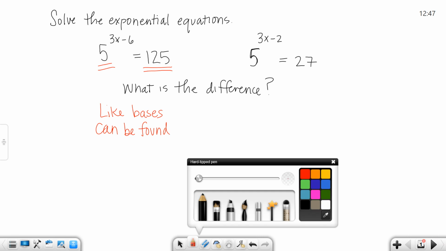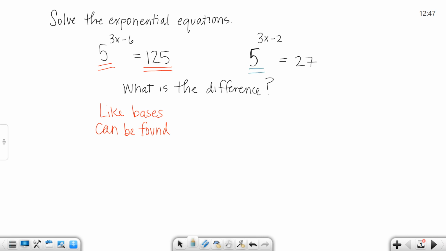With the one on the right, you have a 5 and a 27. Those don't have anything in common. Like bases cannot be found. Now, based upon those two criteria, that's how you attack these exponential equations.